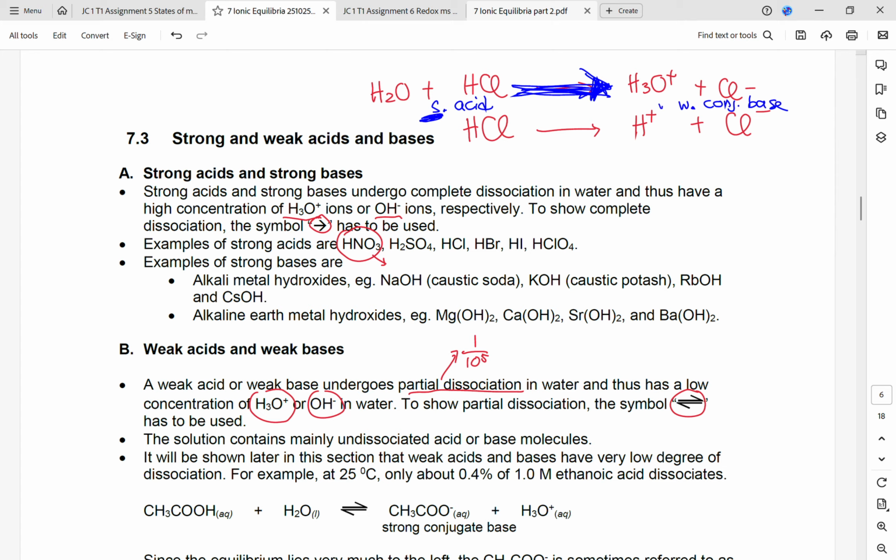Very, very weak base. So if the acid is a very, very strong acid, the base becomes a very, very weak base, because this chloride ion doesn't want to go in the reverse direction. That's why the arrow is pointing only to one side, not reversible.